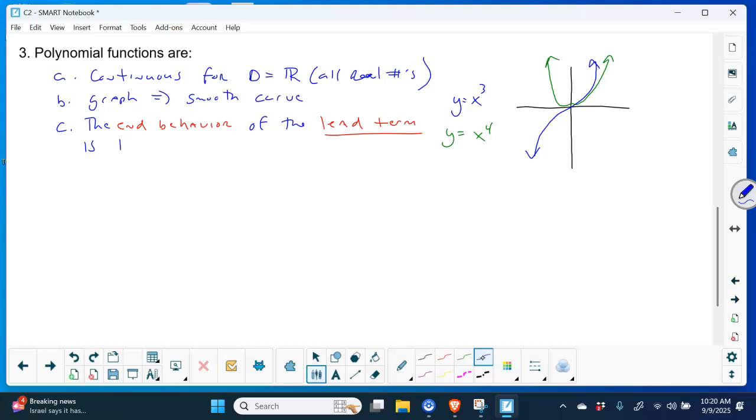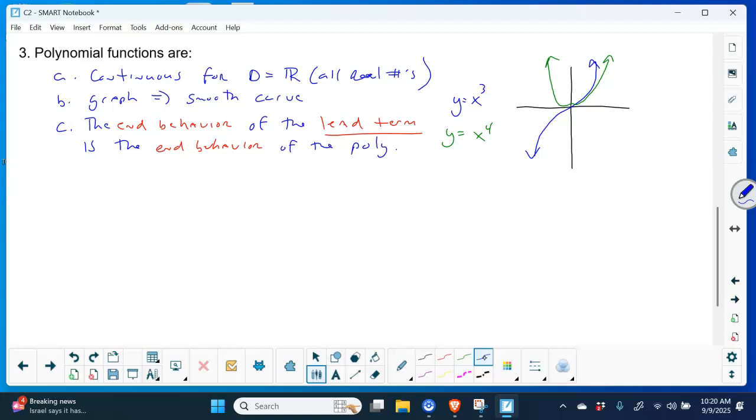Is the end behavior of the polynomial. So the end behavior of the lead term is the end behavior of the polynomial.